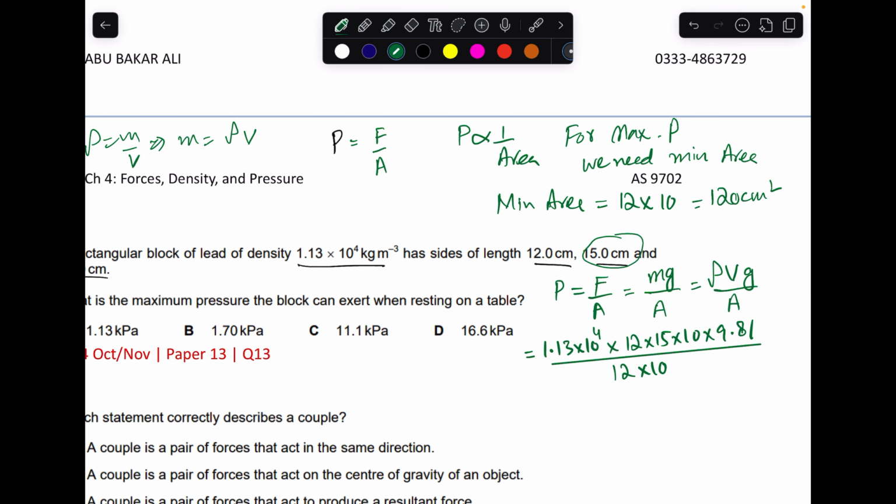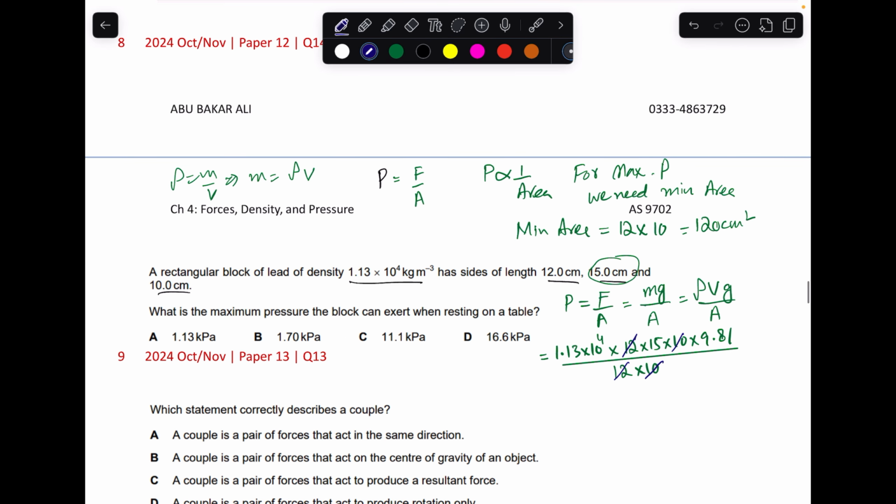So you can simplify this, this will cancel, and multiplying this you will get the answer 16,627.95, that is 16.6 kilopascal. Okay, it's option D.